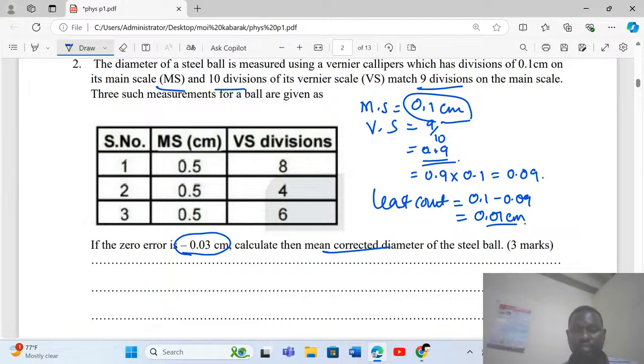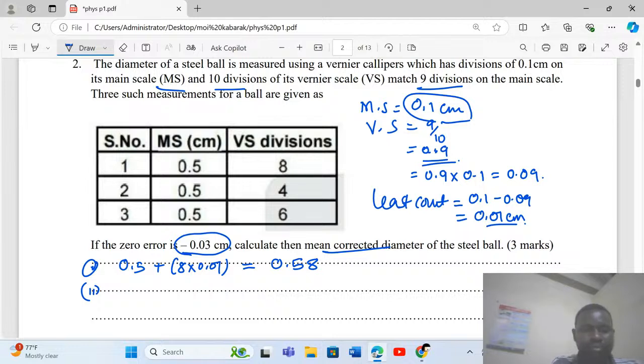We first get the first 3 measurements. The first one will be 0.5 plus 8 times 0.01, and in this case, you arrive at 0.58. The second one will be 0.5 plus 4 times 0.01, then you get 0.54.